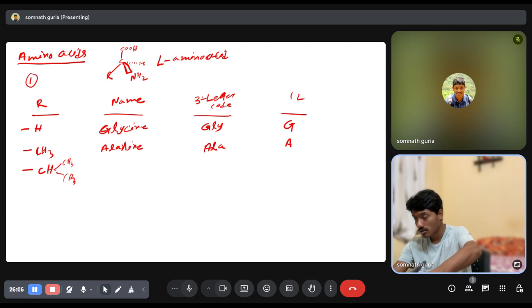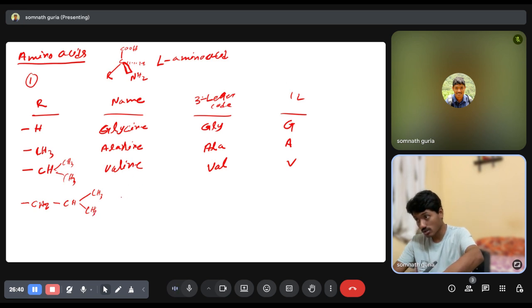It is called valine. Three letter code is Val, one letter code is V. Now again we introduce another CH2 group before it, CH2, CH, CH3, CH3.